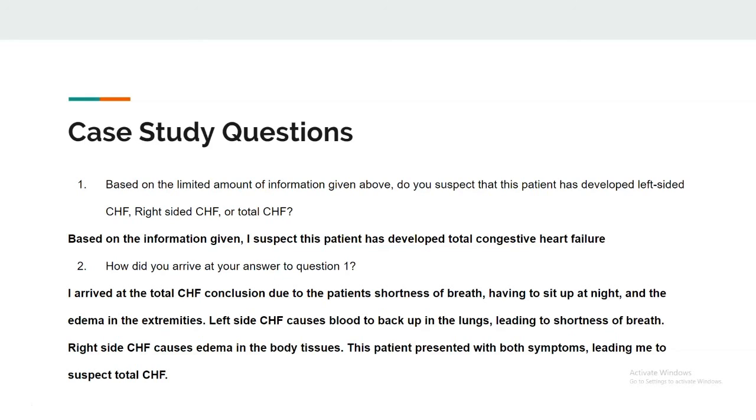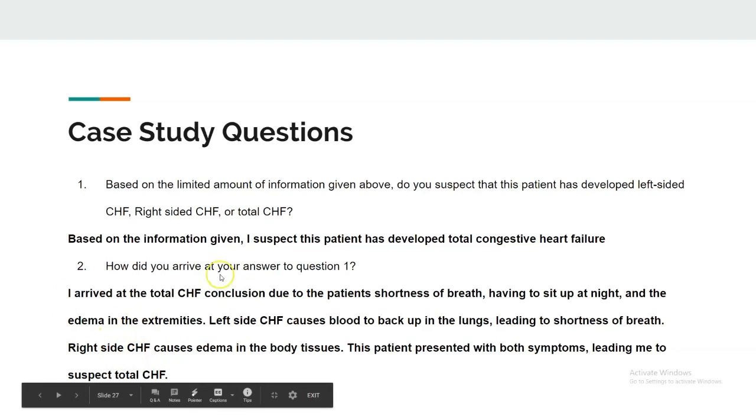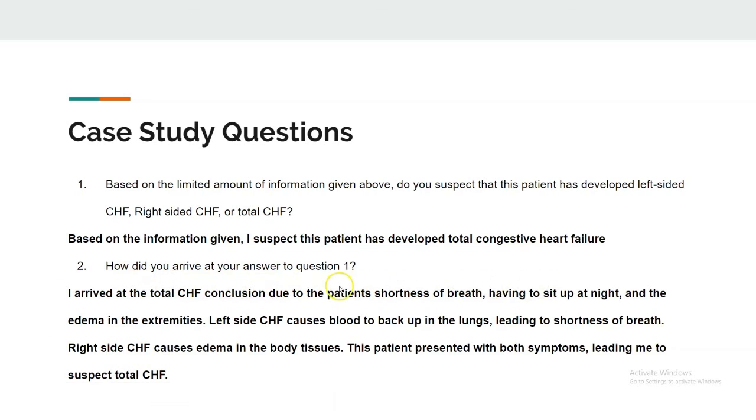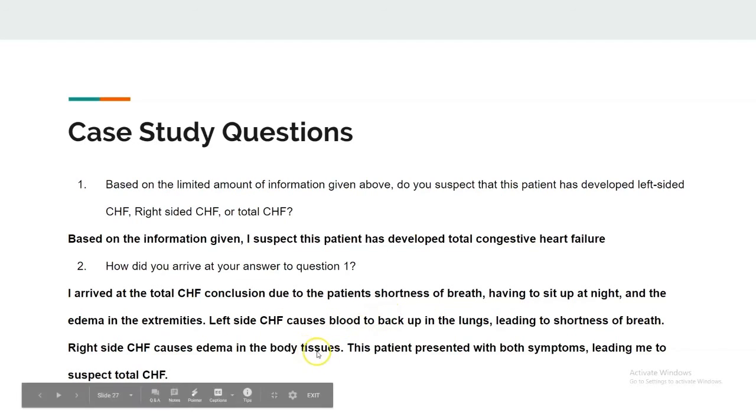She was also having a lot of trouble breathing, which is how I arrived at total congestive heart failure. She had to sit up at night. She had edema in the extremities. Left side congestive heart failure causes blood to back up in the lungs. The patient presented both symptoms, which led me to believe total congestive heart failure.